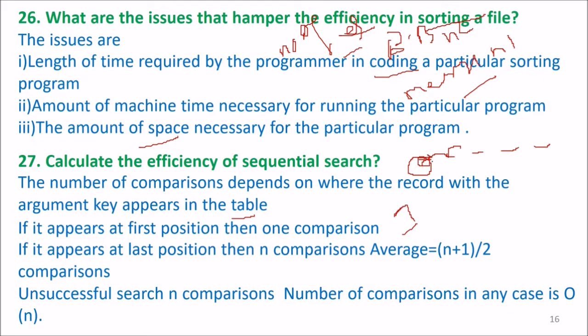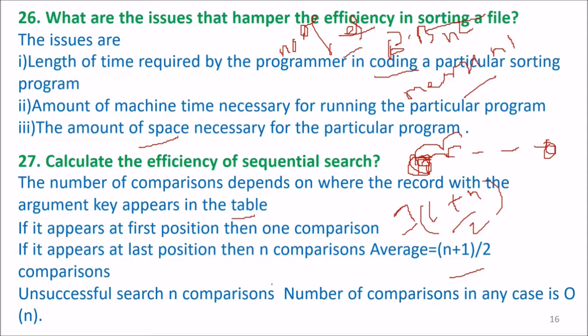The first element will come across and we'll say, okay, our value is here only, and we'll be happy. If it appears at the last position, the comparisons will be all n values, so around n comparisons. And the average case will be 1 plus n by 2. First go or nth go, so 1 plus n by 2 is the average case.